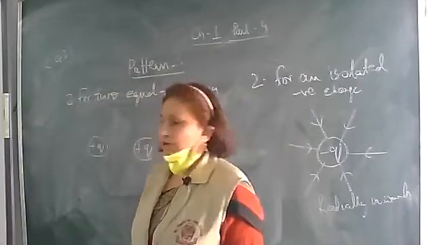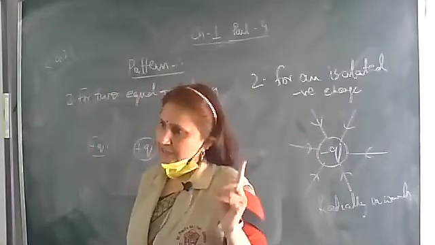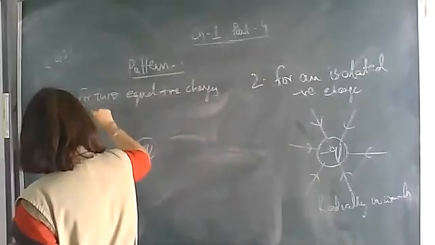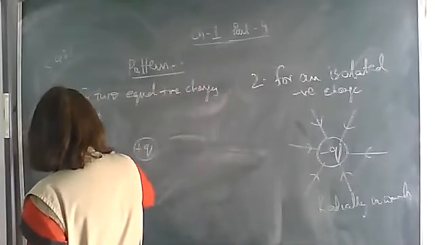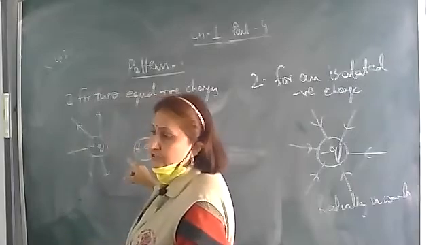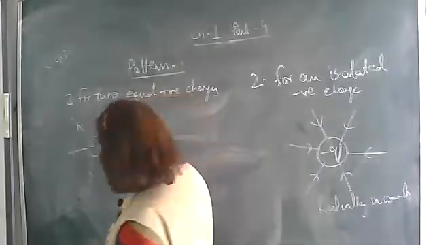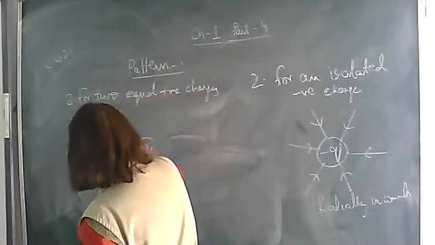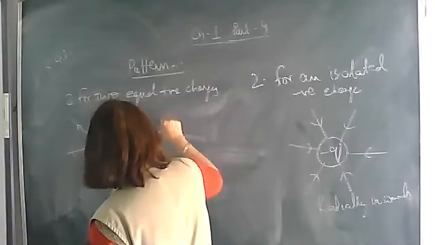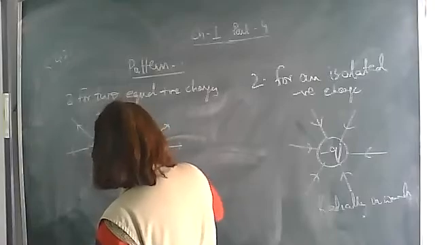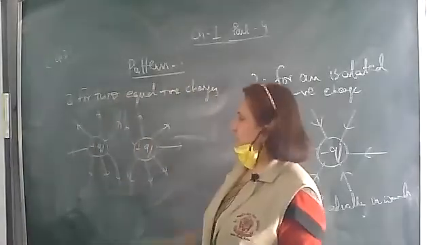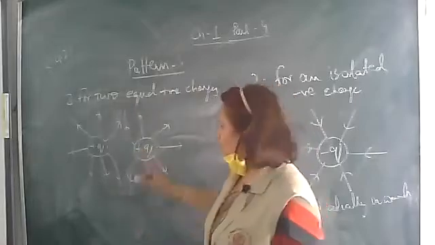As we know, for a single positive charge it is radially outwards, so for this charge it will be radially outwards, but between these two charges the electric lines of forces will be modified. A well-defined quadrilateral will be formed. So this will be the pattern of the electric lines of forces for two equal positive charges separated by a small distance.